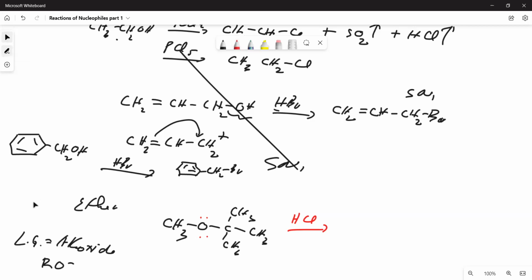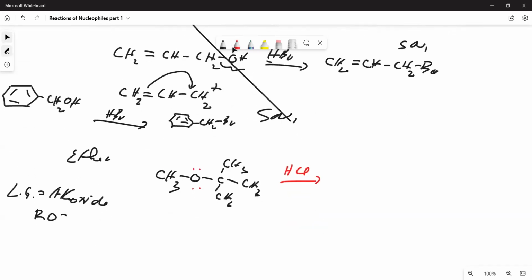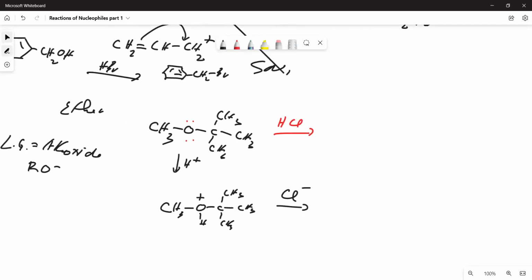But the question now, if you have 1 mole of HCl, if this one will be protonated so that it will be removed, just like the water, and attacked by the chloride, there are 2 options for the attack.